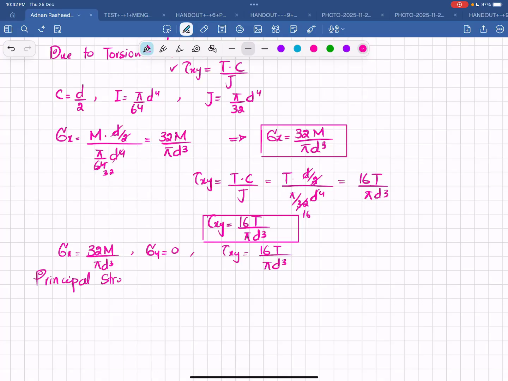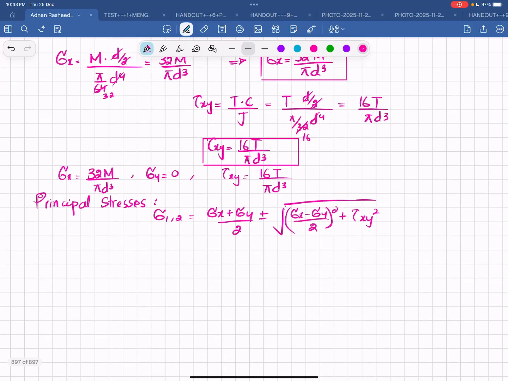For that we need principal stresses, and the principal stress sigma 1, 2 is sigma x plus sigma y divided by 2, plus minus under the root, sigma x minus sigma y divided by 2 whole squared plus tau of xy whole squared. Okay, so just plug in the values.